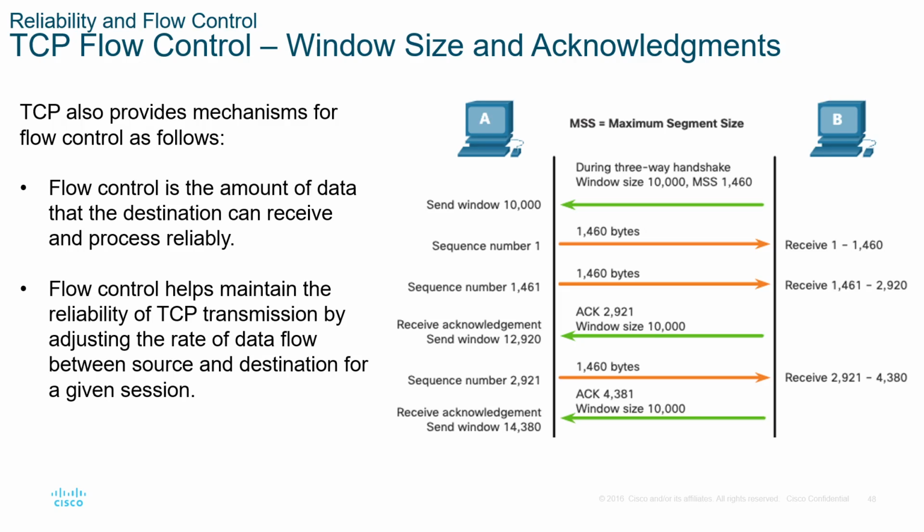Ethernet is up to 1,500 bytes. Our software can adjust the size up and down based on what it can handle. All right, so this is a maximum segment size. We handle that through windowing.